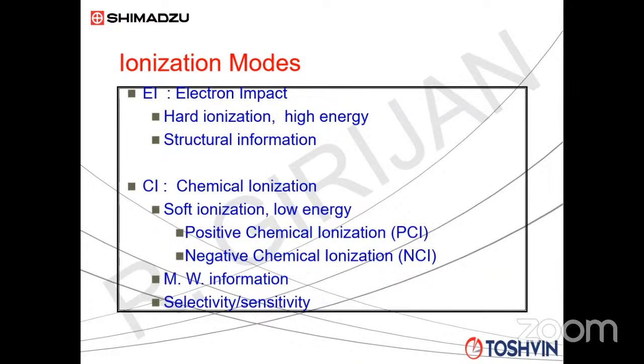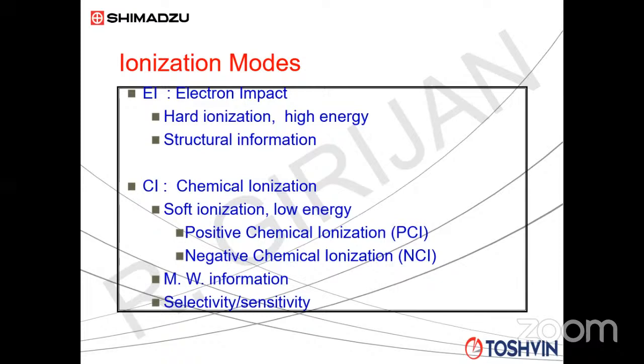They do the normal EI analysis, go for a library search to identify what it is qualitatively. Then the same sample can be analyzed under CI mode, PCI mode, and then you get the complete information about the molecular weight. Then you get a 100% foolproof identity of the compound. So EI and CI are used as complementary to each other in the pharmaceutical industry.